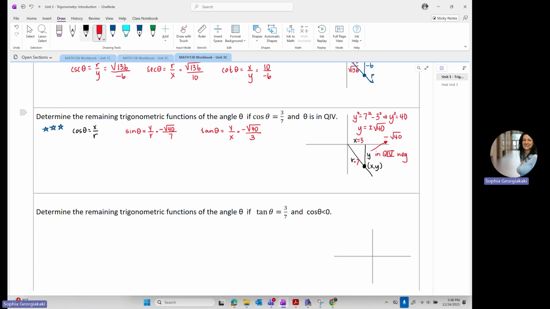I can find the secant of theta as r over x. The r is 7 and the x is 3. I can find the cosecant of theta as r over y. The r is 7, the y is negative square root of 40. I can find the cotangent of theta as x over y, which is 3 over negative square root of 40.